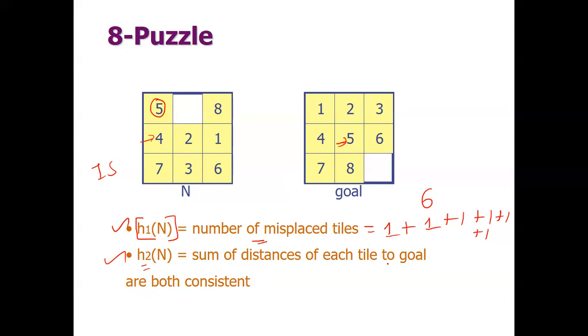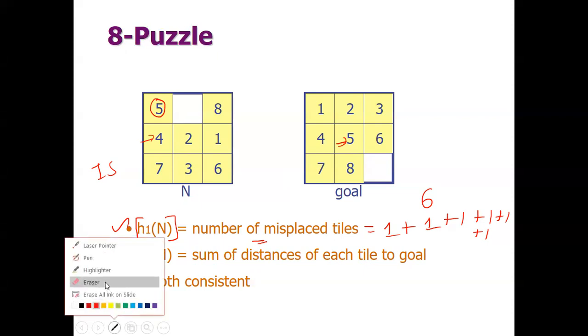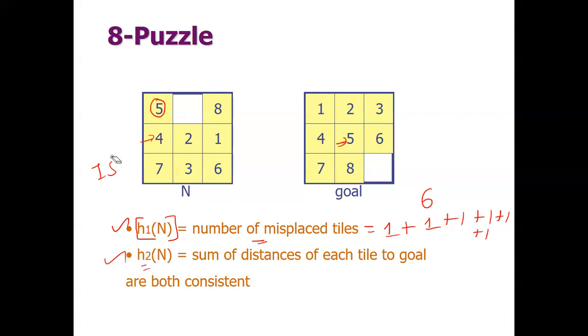From each tile you have to see how much distance it is away from the respective tile in the goal state. So this is actually different from this.